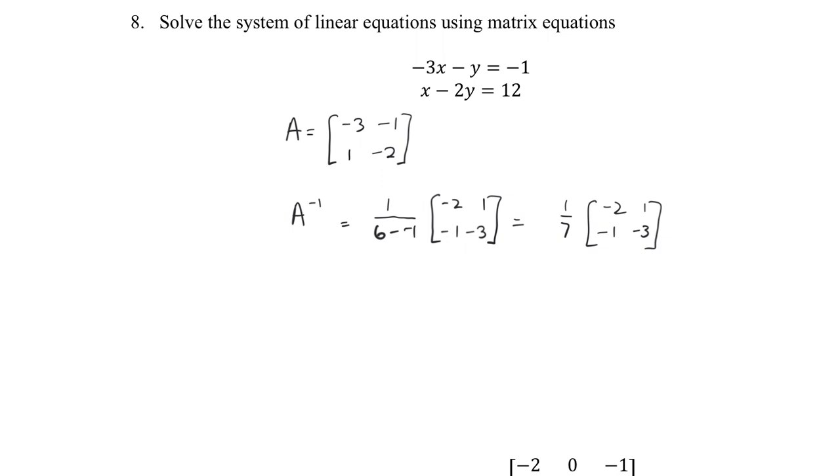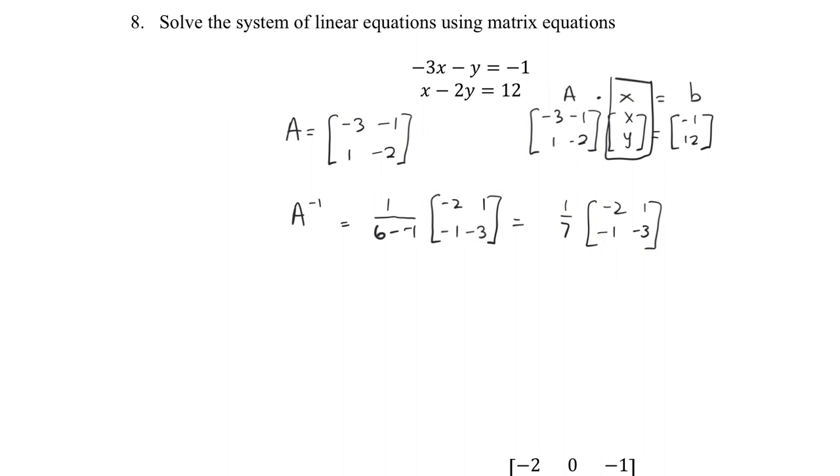So matrix equations, what that is, we have the coefficient matrix, we have a matrix containing the two variables, and then we have a matrix containing negative 1 and 12. So this symbolically is matrix A, this is matrix X, and this is matrix B. If we're going to isolate this matrix right here, then what we need to do is cancel matrix A. The only way to cancel a matrix is multiply by the inverse on both sides.